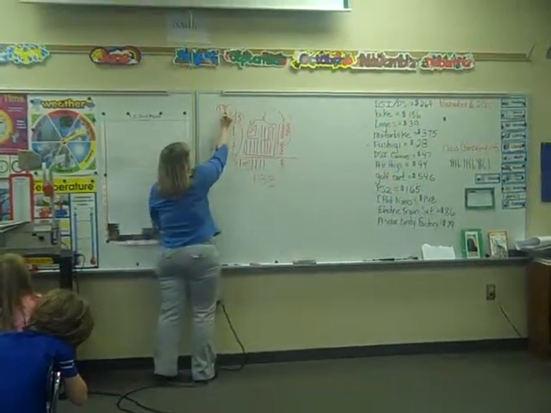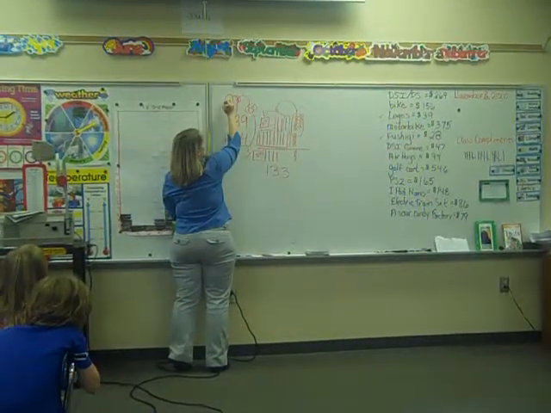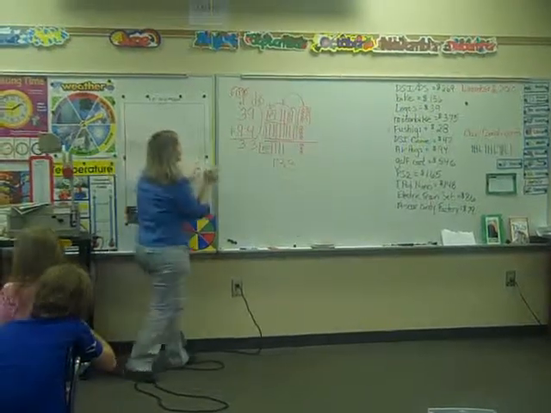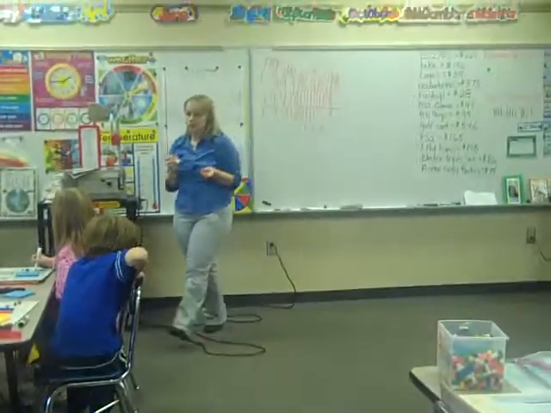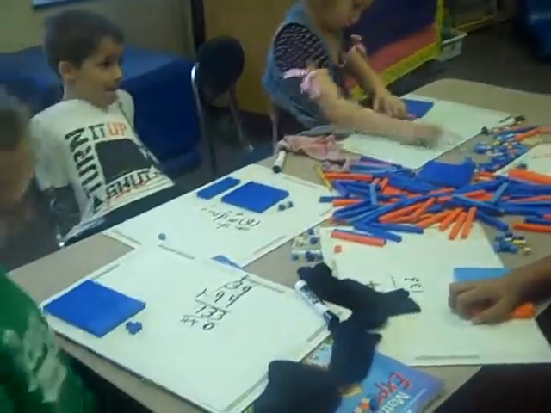So I'm going to bring down my 3. And where did this extra 1 get sent over to, everybody? The hundreds. Very good. So now let's add our hundreds together. 1 plus 0 equals? 1. To make 133. All right? Here's what I would like for you to do right now. I would like for you to erase your boards.